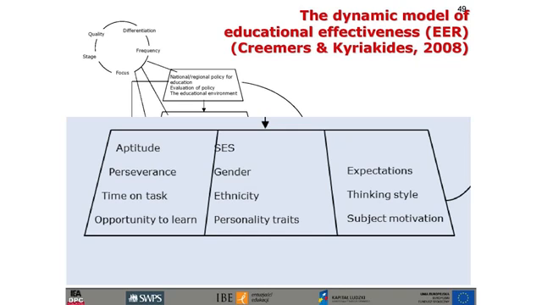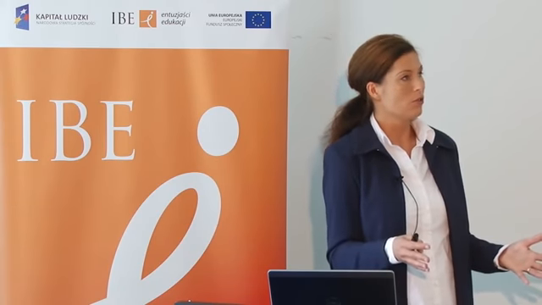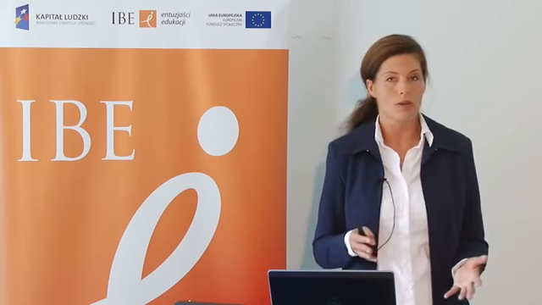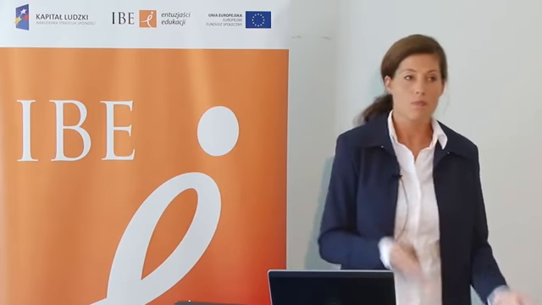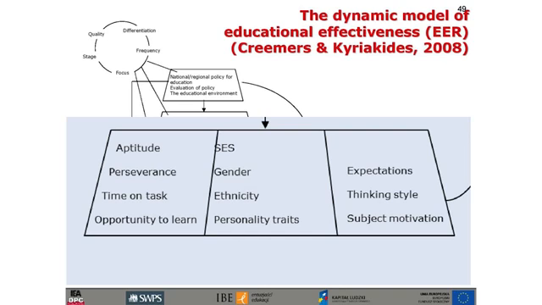This is considered as being an individual student trait, because even though the teacher provides a particular time for learning, it depends very much on an individual how much time a student would spend on a task actually. But also things like expectations, thinking styles, etc., etc.